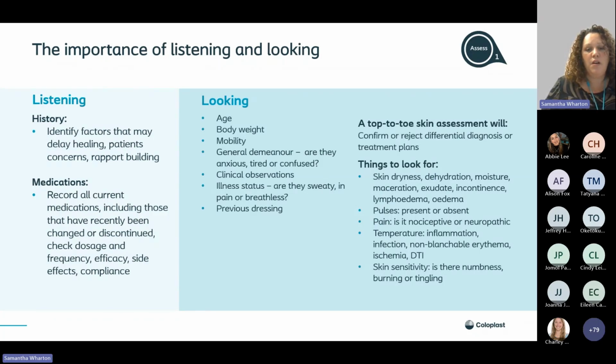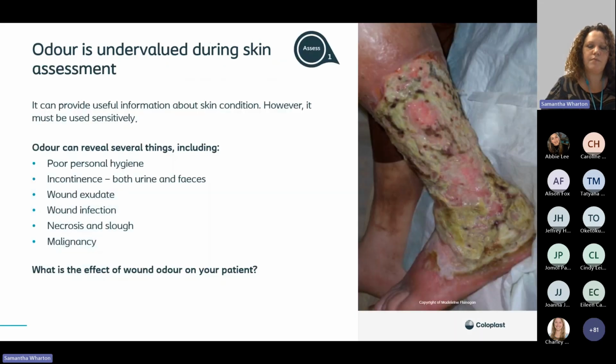Is there non-blanchable erythema? Are those signs of localized infection present, whether they're subtle or classic signs? Or is there actually a spreading erythema beyond that 2 centimeters, and it's now turning into more of a systemic infection? So there's so much that we need to be gathering when we're doing that assessment of our patients.